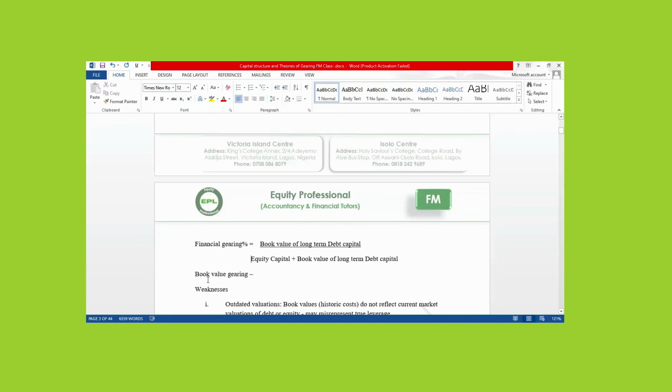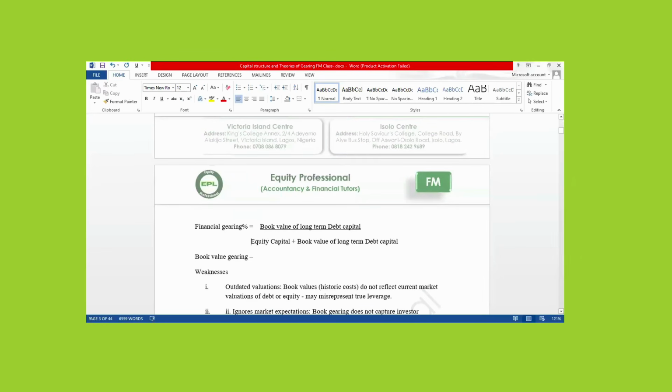What are the advantages and disadvantages of the book value approach? Limitations or weaknesses: it's an outdated valuation.